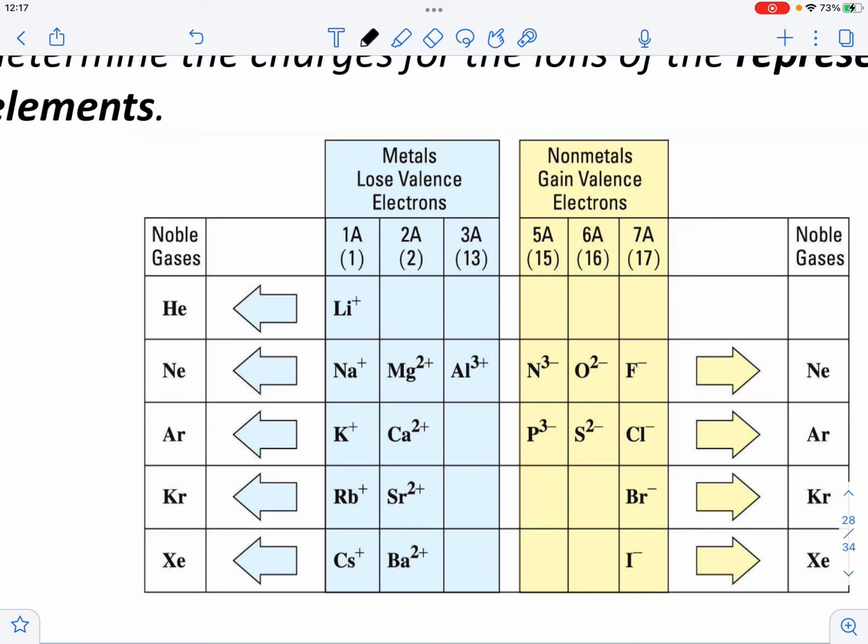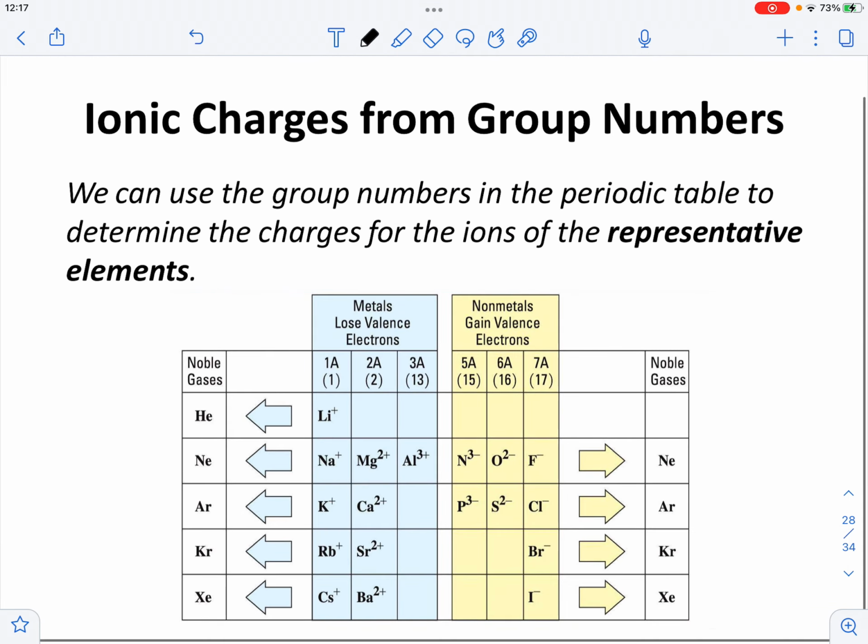And you can see at the corners that, in the case of metals, after they lose an electron, the arrow is going to point at the noble gas that their remaining electrons are going to look like. In the blue area, we have the designations for the metals. In the yellow area, we have the designations for the noble gases for the nonmetals.